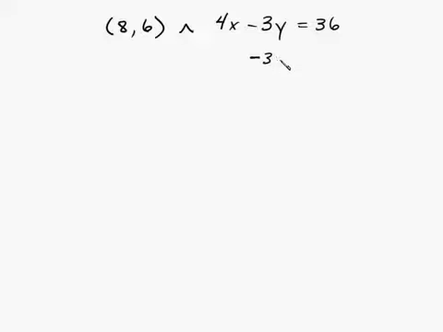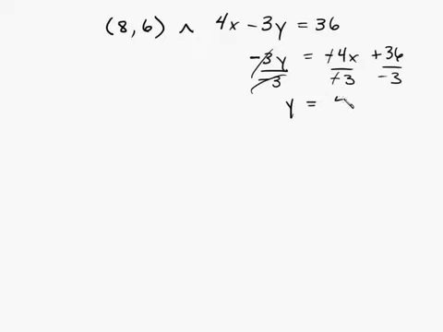So we'll get negative 3y is equal to negative 4x, so write the x part first, plus 36, then divide by negative 3. And this cancels with that, and you get y equals, the negatives cancel, so you get 4/3 x minus, 3 goes into 36 12 times, so minus 12.